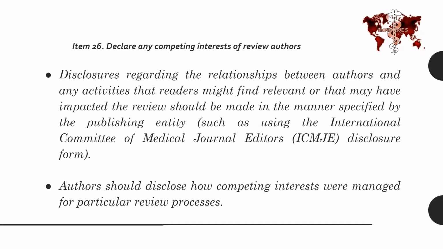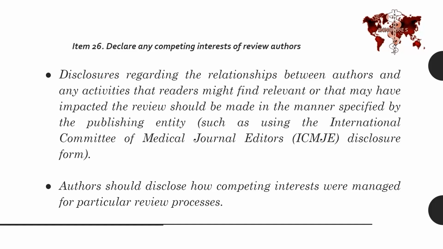In item 26, you as the author would want to disclose any conflict of interest which could affect the credibility of the systematic review. You could do this by following the format of the publishing entity or by using the ICMJE disclosure form. That's a disclosure form of the International Committee of Medical Journal Editors.